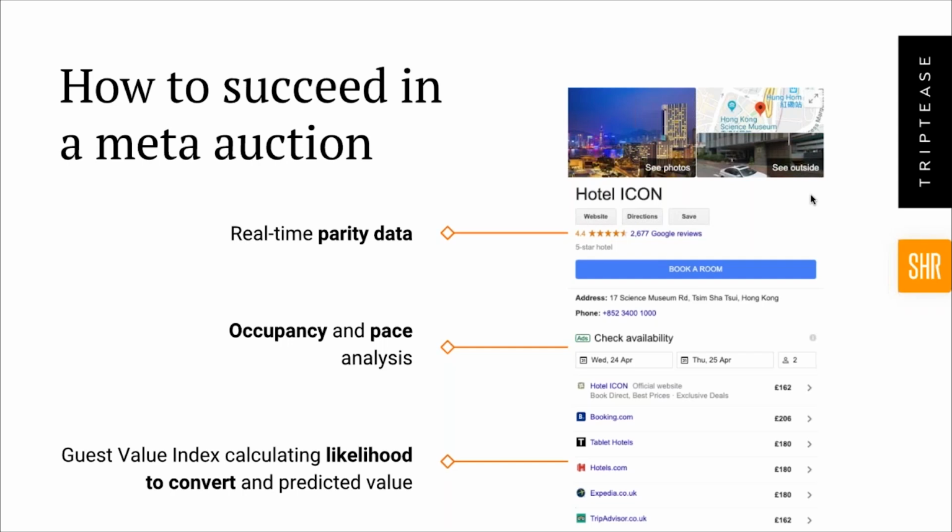At Triptease, we have a market-leading solution in our on-site parity tool, and we're delighted that we're able to roll that out into Metasearch as well. We're actually able to stop you from being shown when you're being undercut on Google. What that means is that we can protect your brand. Especially if you're a luxury brand, the last thing you want is to reinforce the idea in the consumer's mind that there's a better place for them to purchase your product.